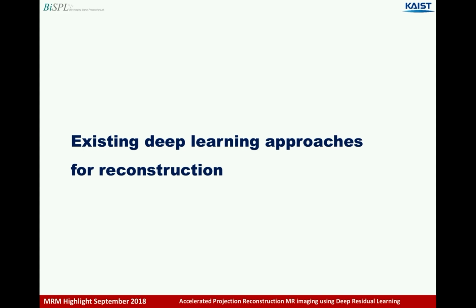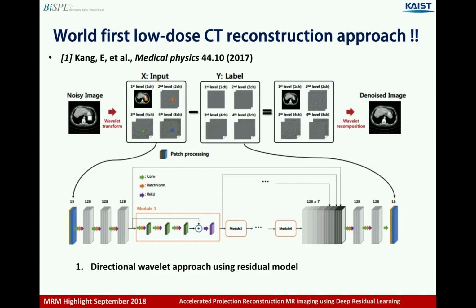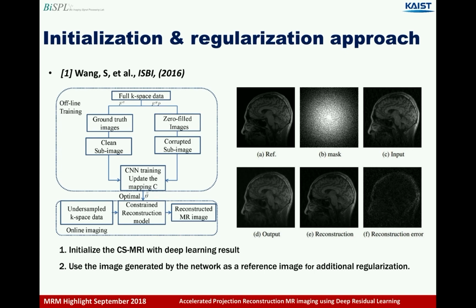Here, I will explain the existing deep learning approaches. It is the world's first low-dose CT reconstruction approach developed by our group, and Gangwoo's directional wavelet approach. There is an initialization and regularization approach in MR. One either initializes the CS-MR with deep learning results or uses the network output as a reference image.